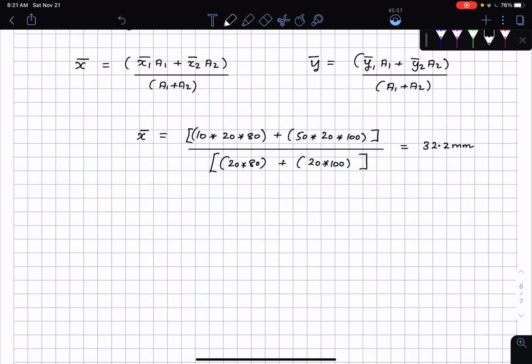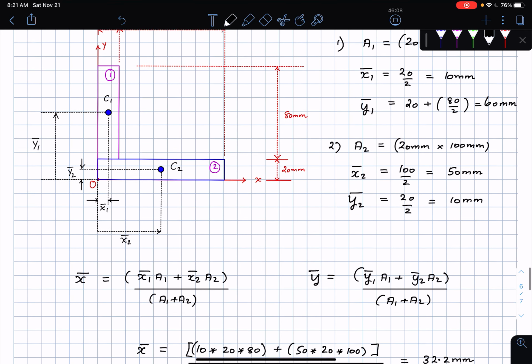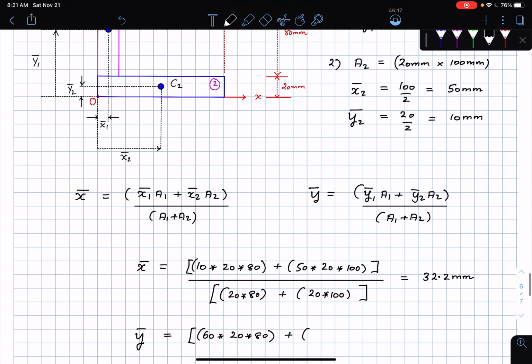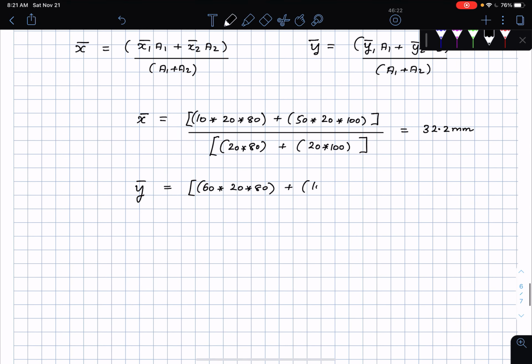Look at the dimensions. Because it's a location, it has to be in the dimensions of length, and here we are using millimeters. And then y bar is going to be the following. Likewise, the same idea: y1 bar, which was 60 millimeters, multiplied by the area of the first piece, and then y2 bar is 10 millimeters, 10 times 20 times 100.